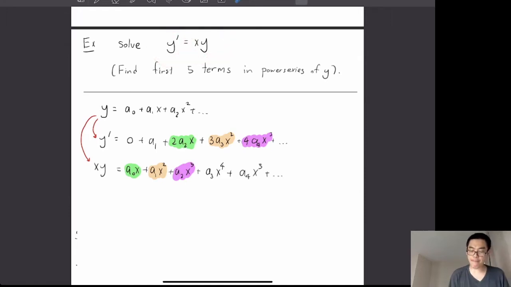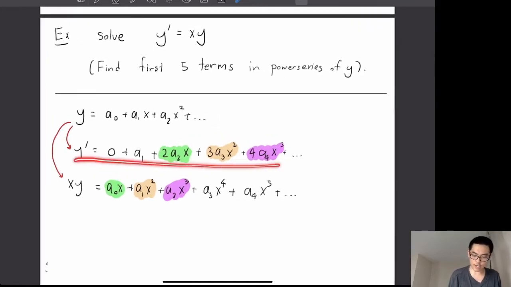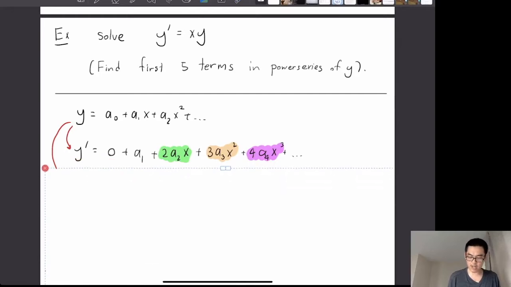So you look at the equation, you see, oh, we want to know y prime too, right? Here's the deal. y prime and also everything else in the differential equation will be represented using power series too, right? So let's see the second line. Let me cover the third line up first.